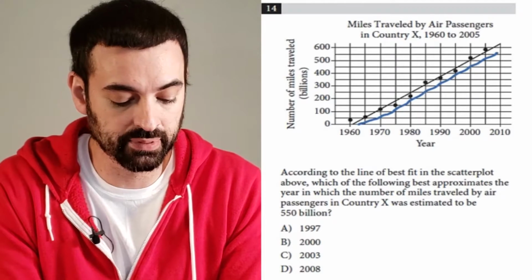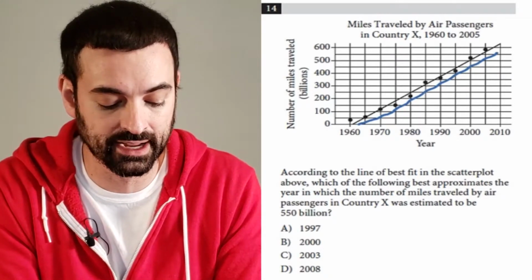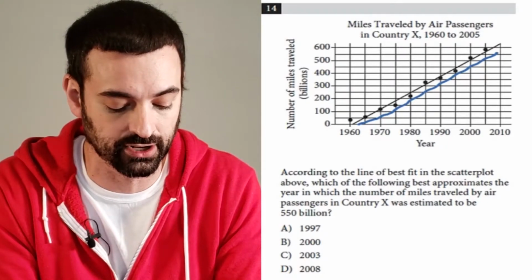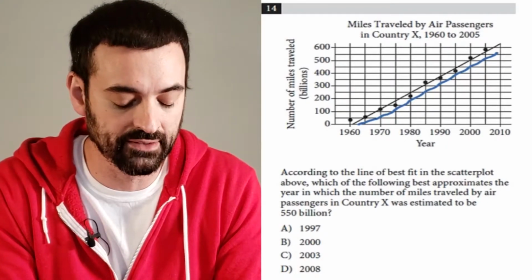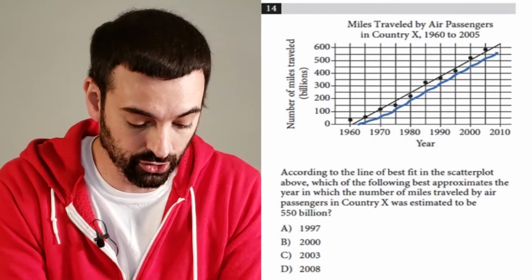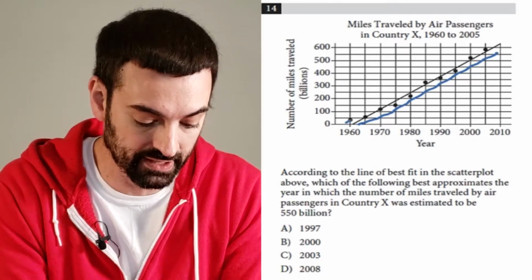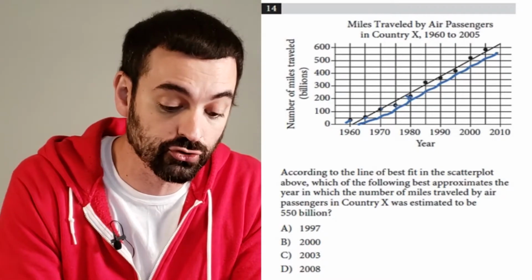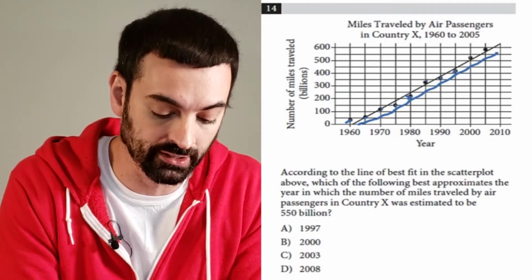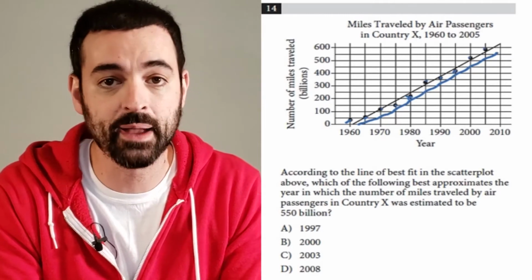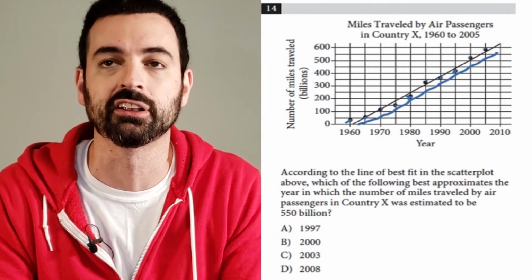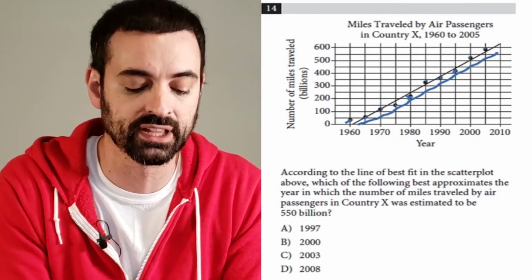in the scatter plot above, which of the following best approximates the year in which the number of miles traveled by air passengers in country X was estimated to be 550 billion. So even though each of these points represents a true data point, the line of best fit is an approximation that we can use to essentially summarize those individual data points.